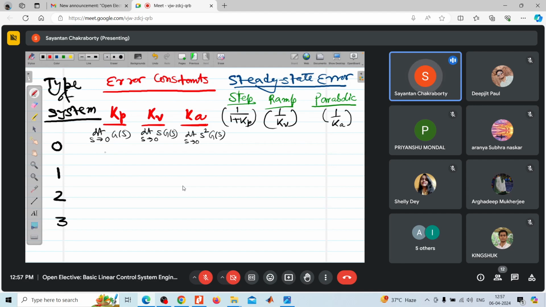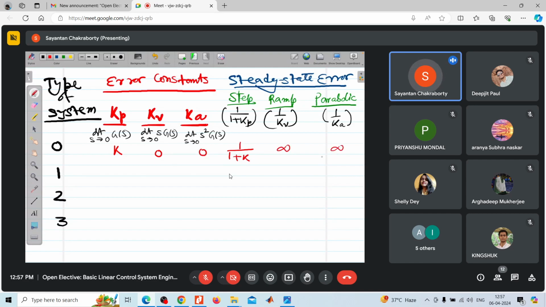For type 0 system, what we found out is kp equal to k, kv is 0, ka is also 0. So what will be the steady state error? 1 upon 1 plus k for step, and for ramp infinity, infinity.